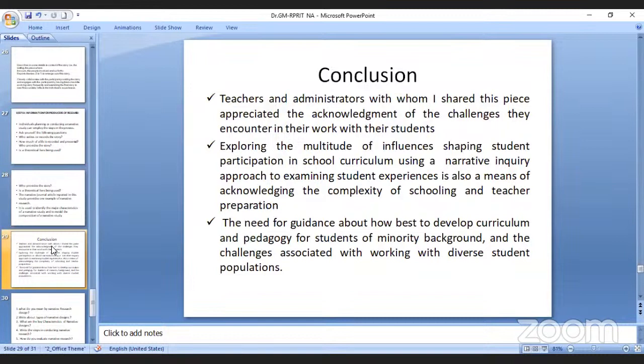So, conclusion. Teachers and administrators with whom he shared this piece appreciated the acknowledgement of the challenges they encounter in their work with their students.